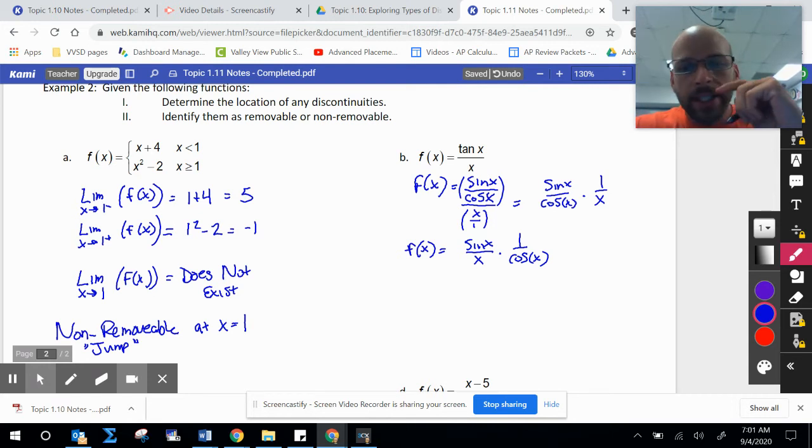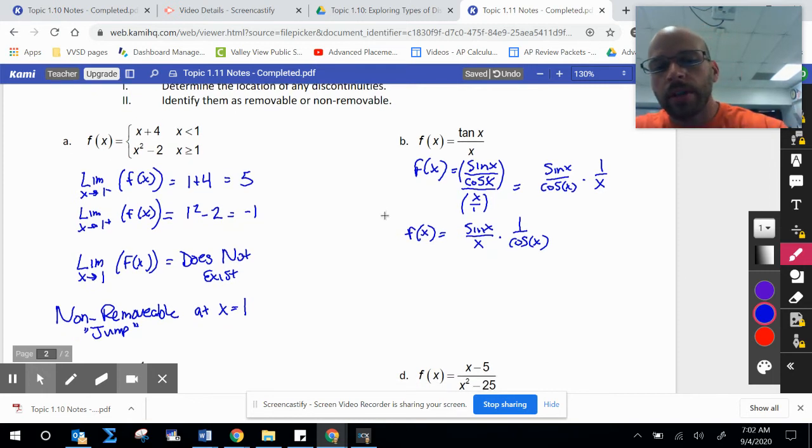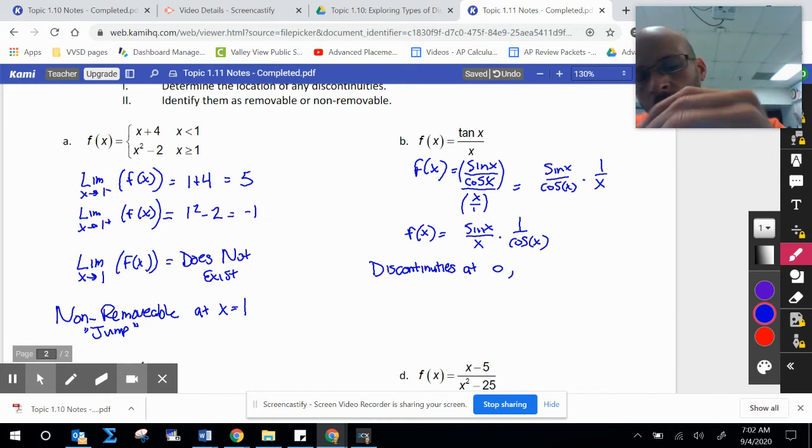Now I can take a look at this and I can kind of justify where certain things are going to happen here. So I know that there's going to be discontinuities at 0 and everywhere where cosine of x is going to be 0, right? So if I do this, everywhere where cosine of x is 0 is going to be every multiple of pi over 2.